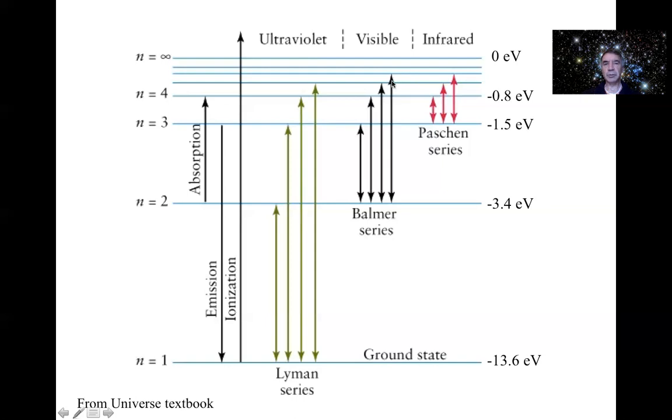Which is why spectroscopy is so powerful in probing atomic physics. So this is the Balmer series here, okay? And we'll come back to this diagram a few times in the module. So that process of going from a lower energy level to a higher energy level is called absorption, because you're absorbing the photon.